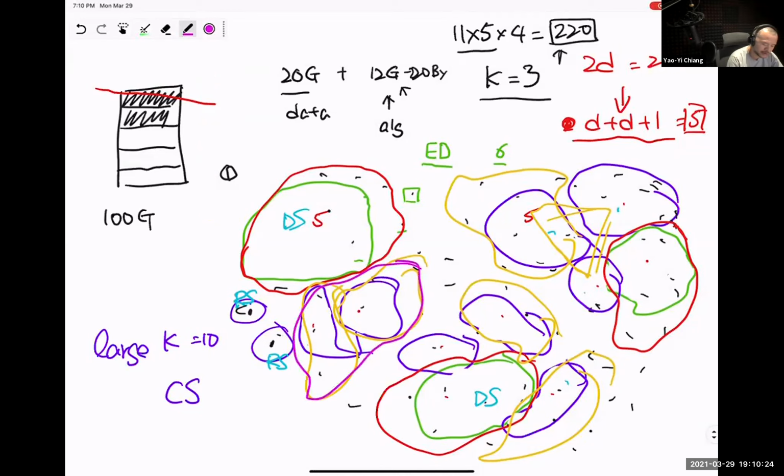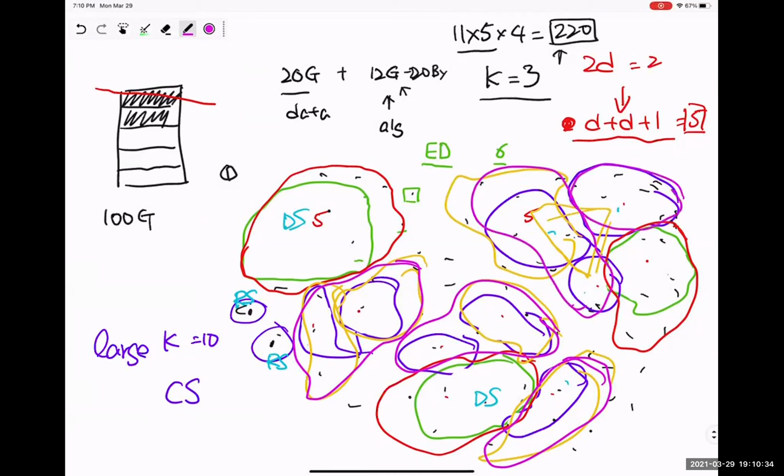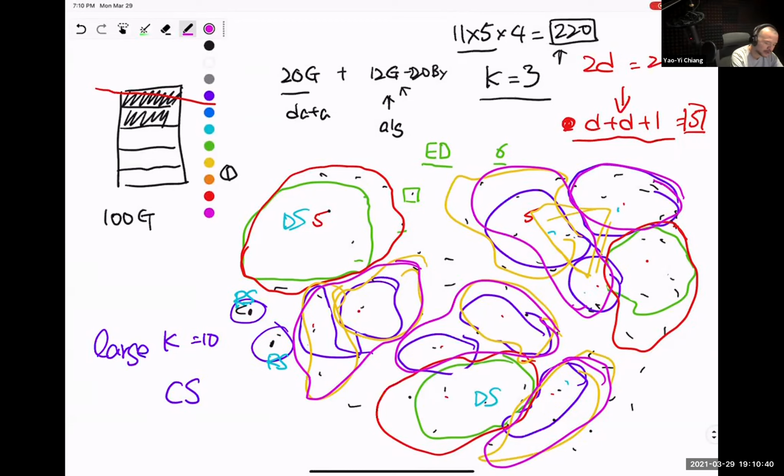So this is one CS. This becomes one CS, but with new data points. This is another CS, and this is a CS. Okay. And what about the other points? Well, the other points are still your RS, because they are not close to any CS, they are not close to any DS, and you are done.